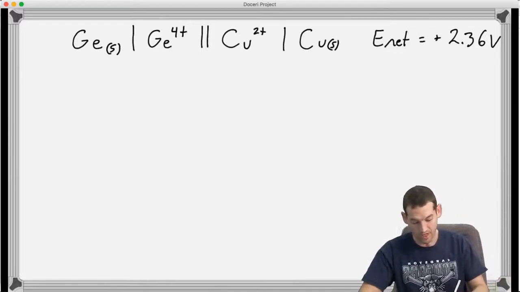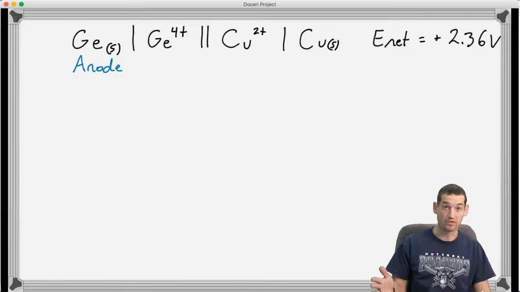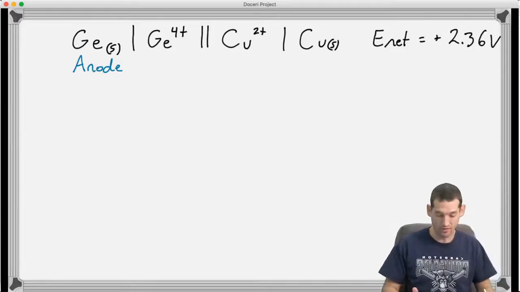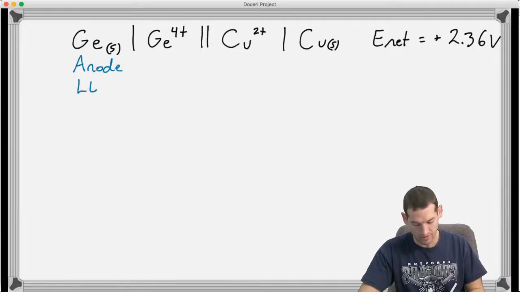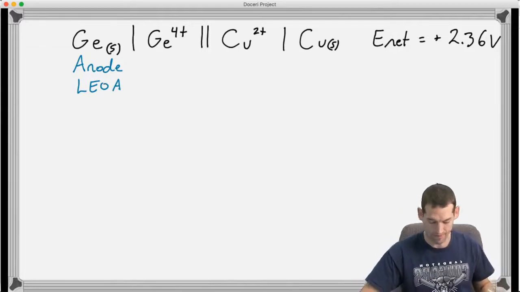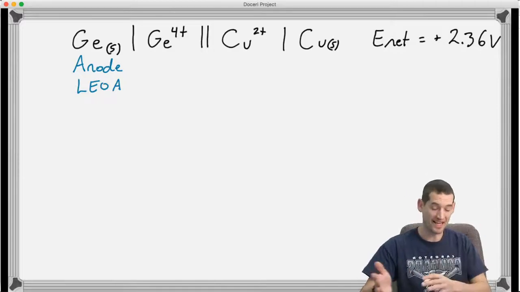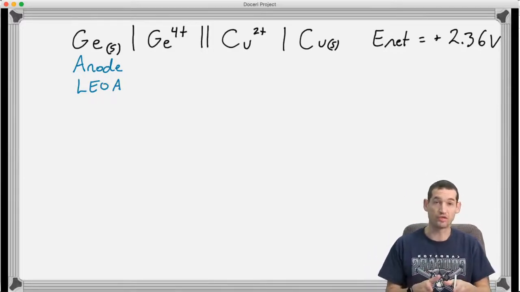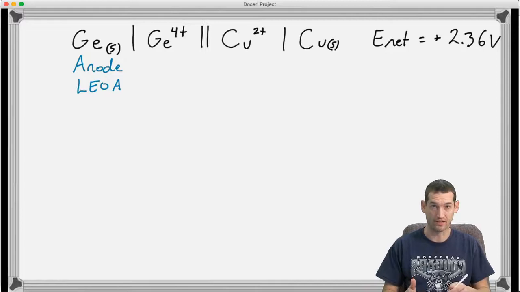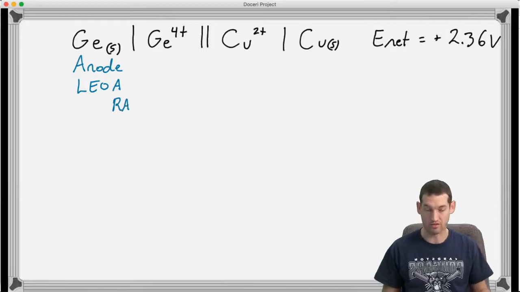Now remember that I know that this is the anode, because it comes first. Remember Leo Anderson, or however you want to remember that. So that also means that this side, either the Ge solid or the Ge4 positive, is being oxidized. Because it's being oxidized, one of these two is the reducing agent.